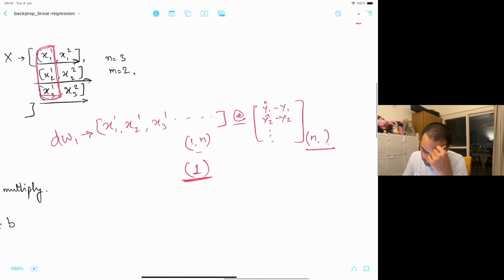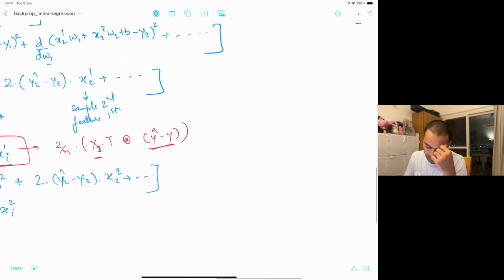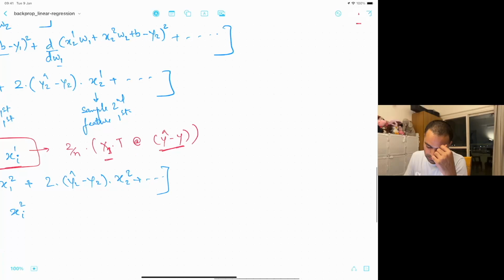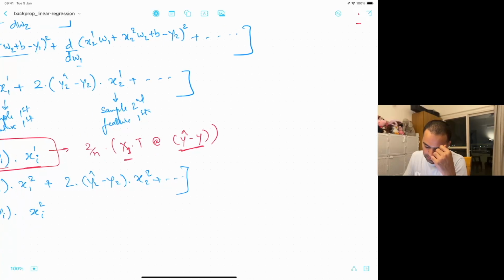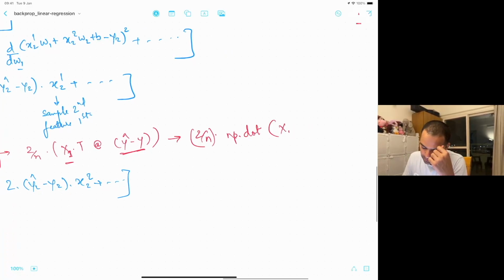Obviously we'll need a scaling factor, therefore this can be written as 2 by n np dot of x1 and y hat minus y.